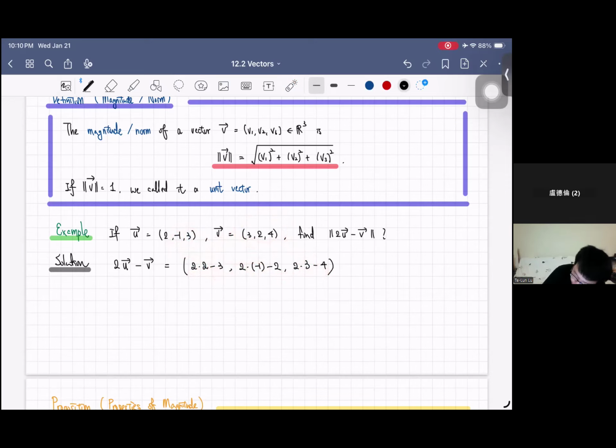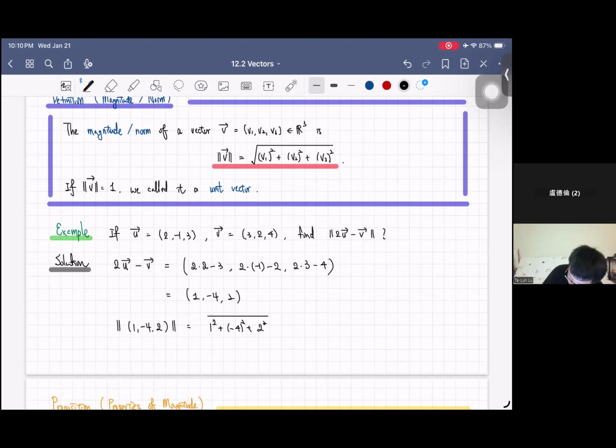So we end up with the vector: 2 times 2 minus 3 is 1, and you have minus 4, and you have 2. Okay? (1, -4, 2). That's the vector that we get by doing the algebra 2u minus v. So what is the magnitude of this vector? It is simply the square root of 1 squared plus (-4) squared plus 2 squared.